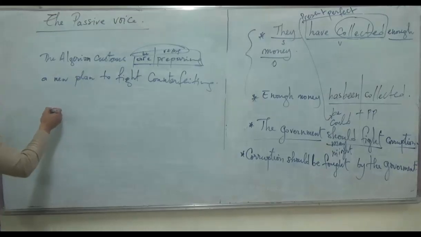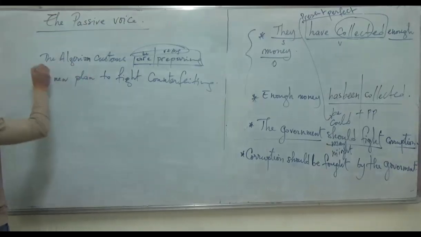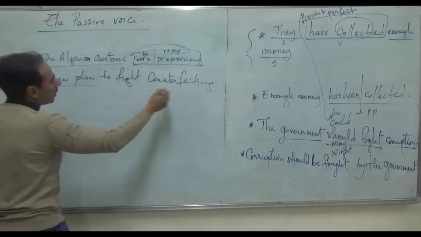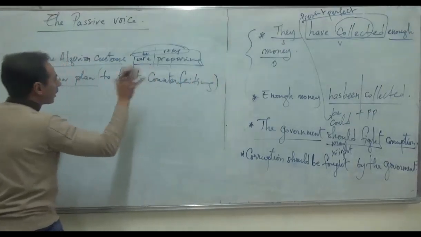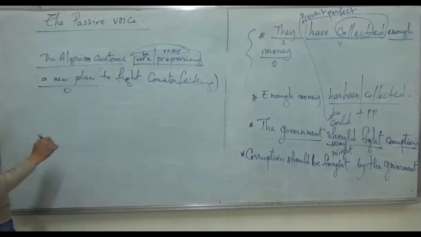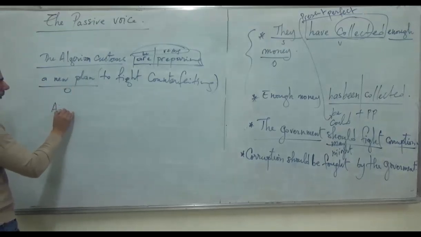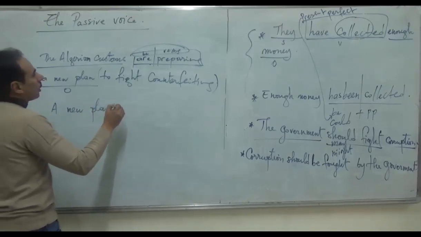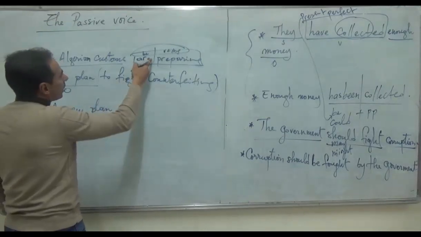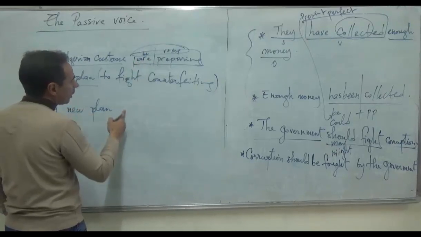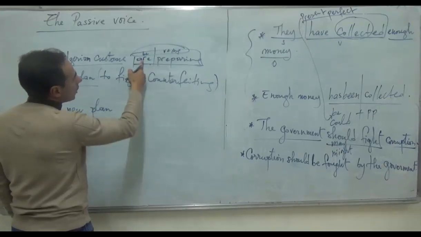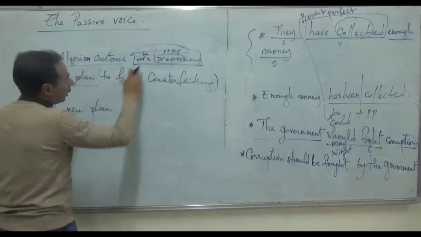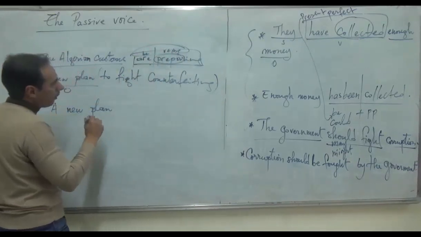When I want to transform my sentence to the passive voice, we said the three elements: preparing what? A new plan. This is the complement, so keep it as it is. A new plan. Here we have the present continuous of the verb to prepare. I do the same thing with to be.